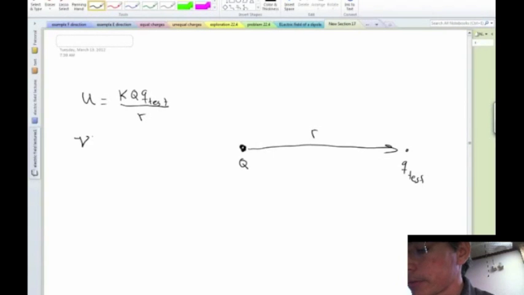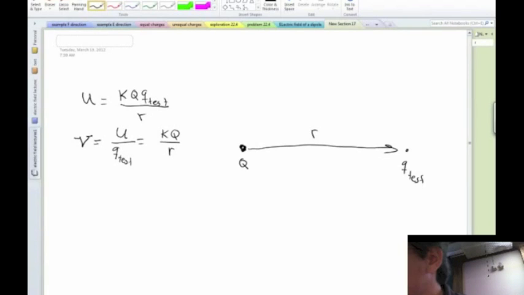And therefore the electric potential, which is defined as the interaction between the two charges divided by the charge of the test one, will be equal to K Q divided by r.